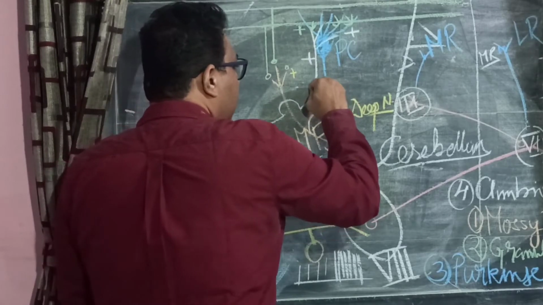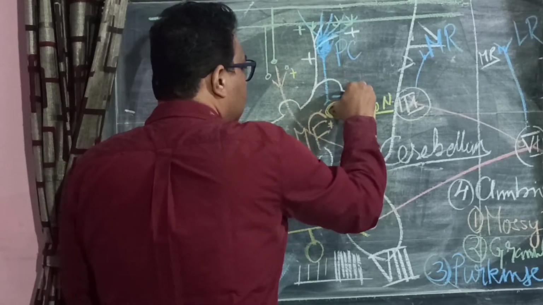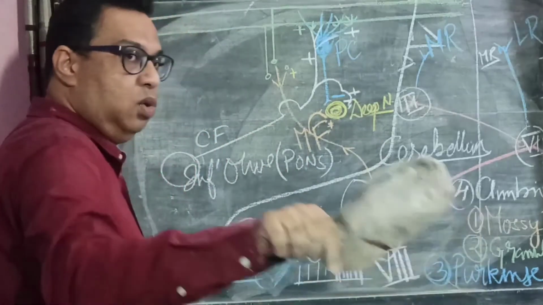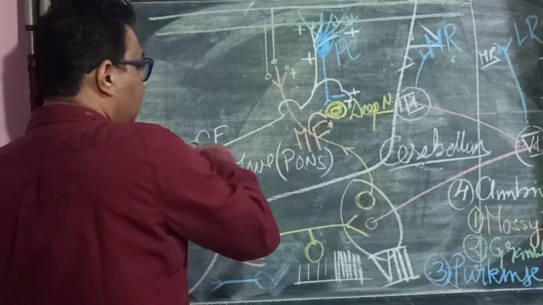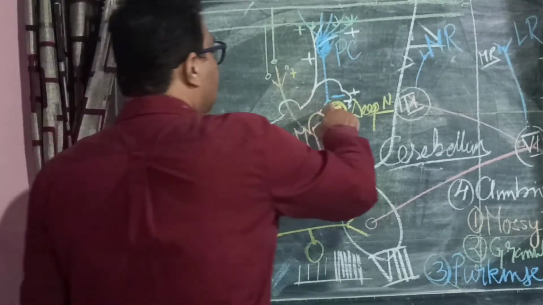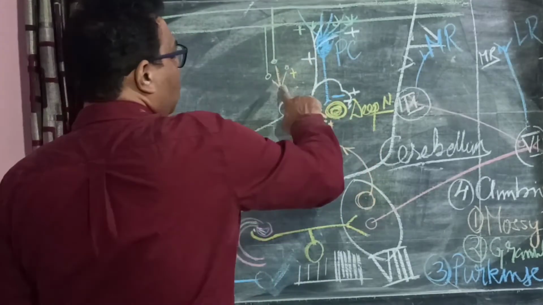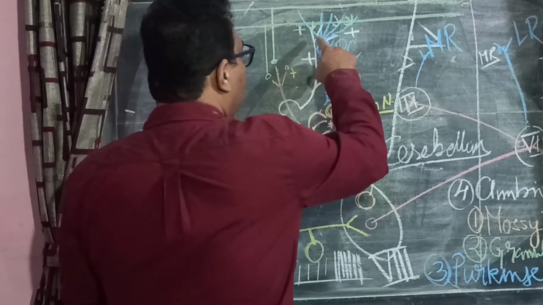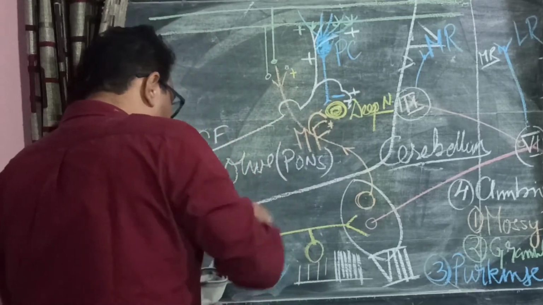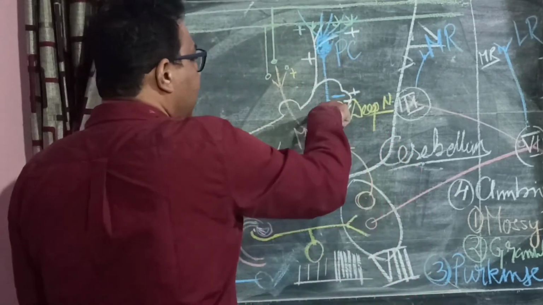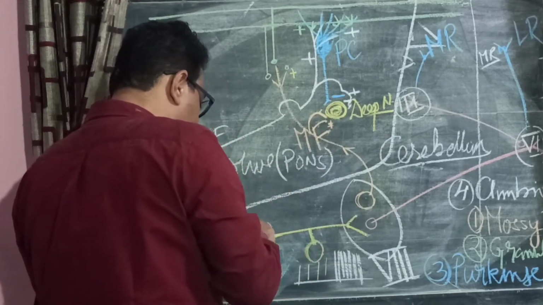They also give a tweak to the deep nuclei. So you see, the two inputs, mossy fiber and climbing fiber, are both stimulatory to the deep nuclei, but indirectly, through the granule cells here and through the climbing fiber here, which both stimulate the Purkinje cells, they are indirectly inhibitory to the deep nuclei.